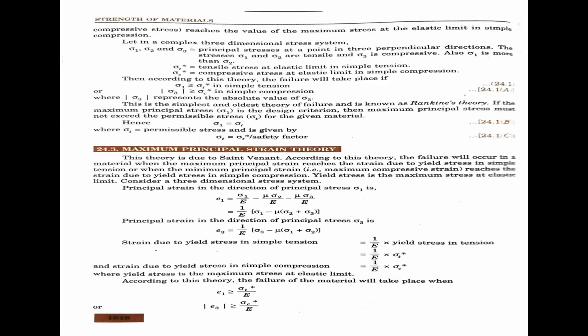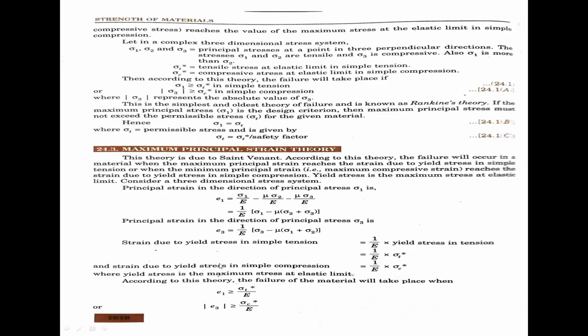In the maximum principal strain theory, the formulas are given for e1 and e3, and finally we got the equations: sigma t equal to sigma t star by safety factor, and sigma c equal to sigma c star by safety factor. These are equations 24.2e, 24.2d, 24.2c and 24.2b, and also the equation modulus of sigma 3 minus mu into sigma 1 plus sigma 2 greater than or equal to sigma c star, equation 24.2a.